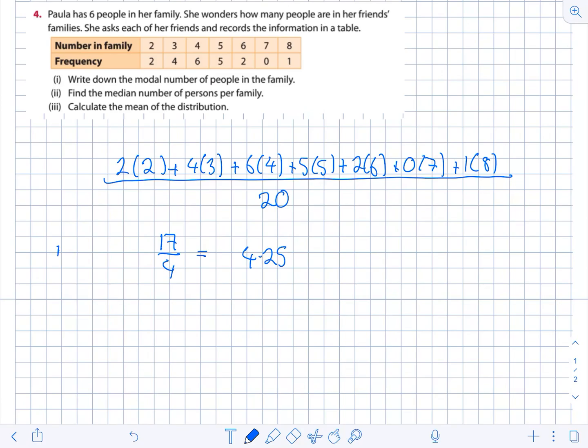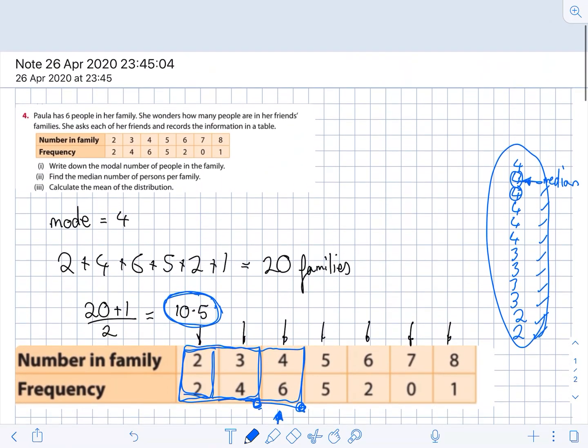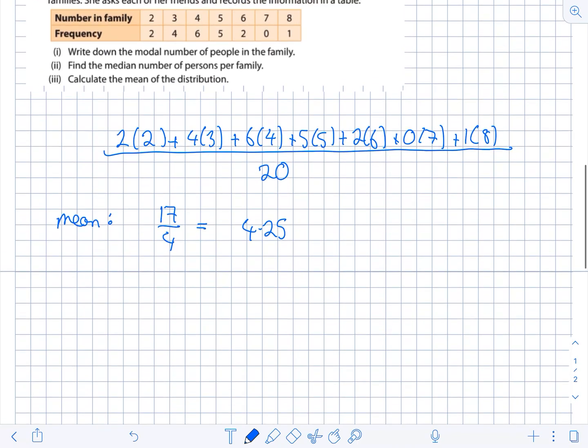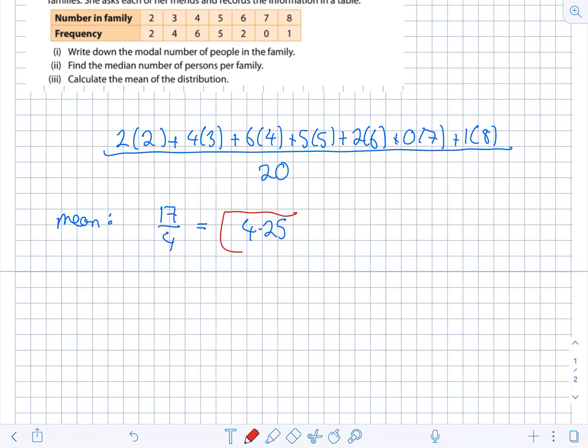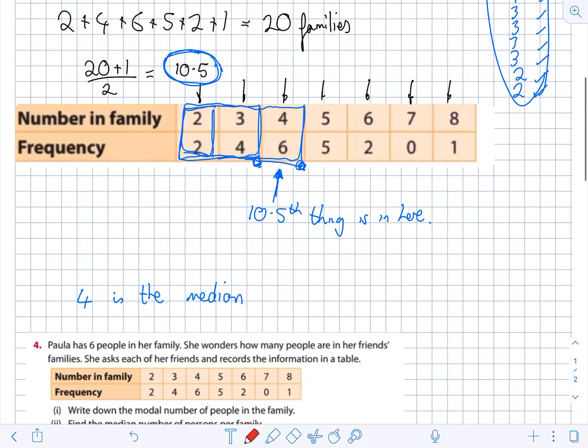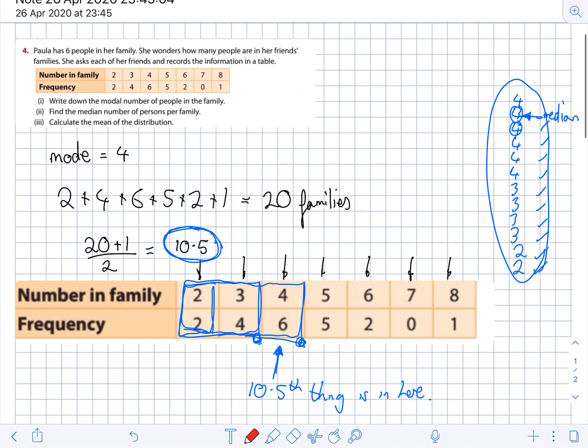So I think the mean number is 4.25. I could have made a mistake there, so check my answers, but hopefully you agree with them. So that's the mean, the median and the mode.